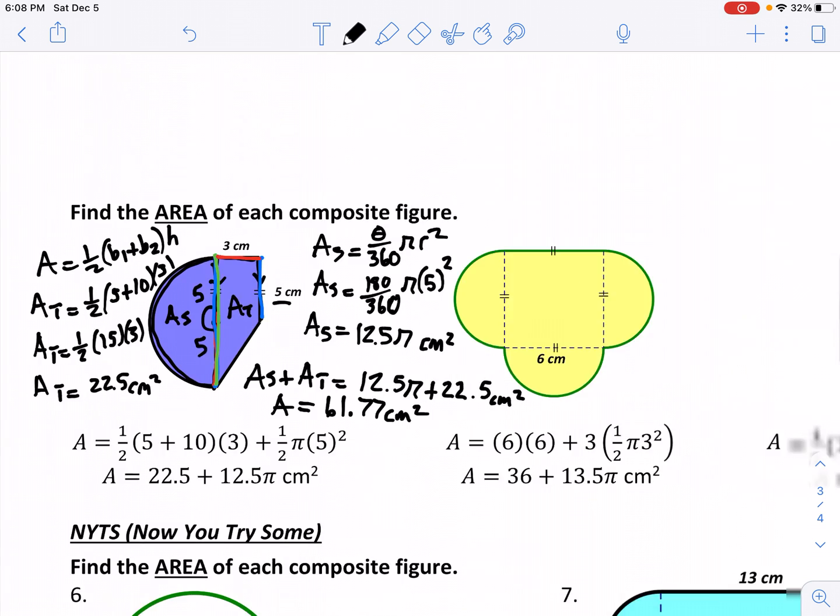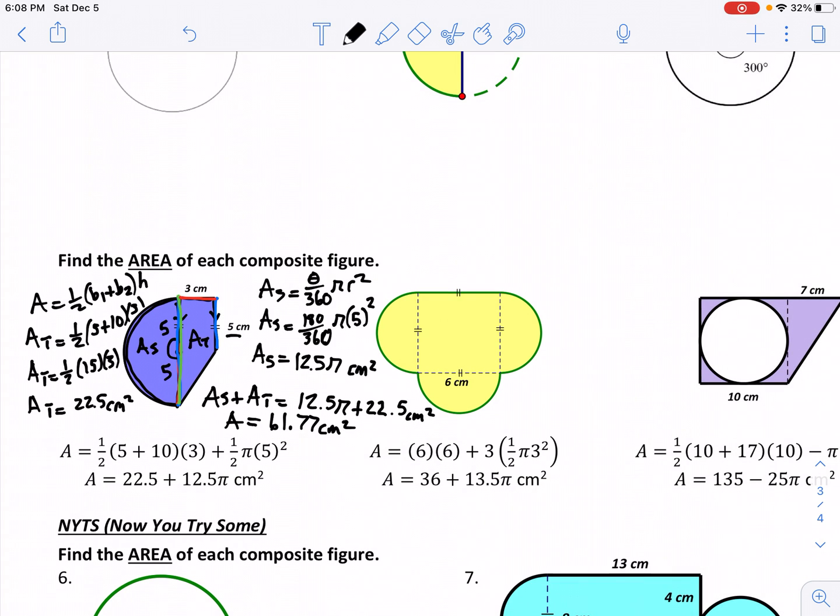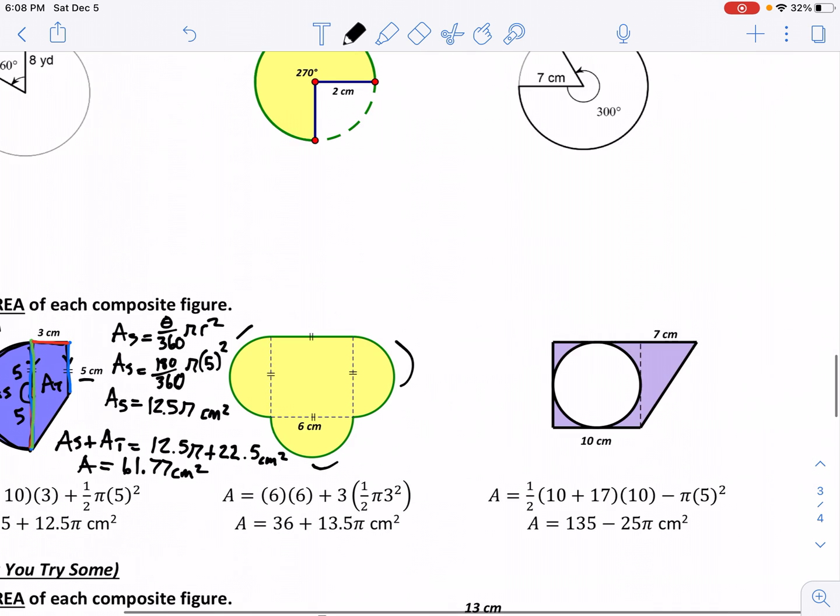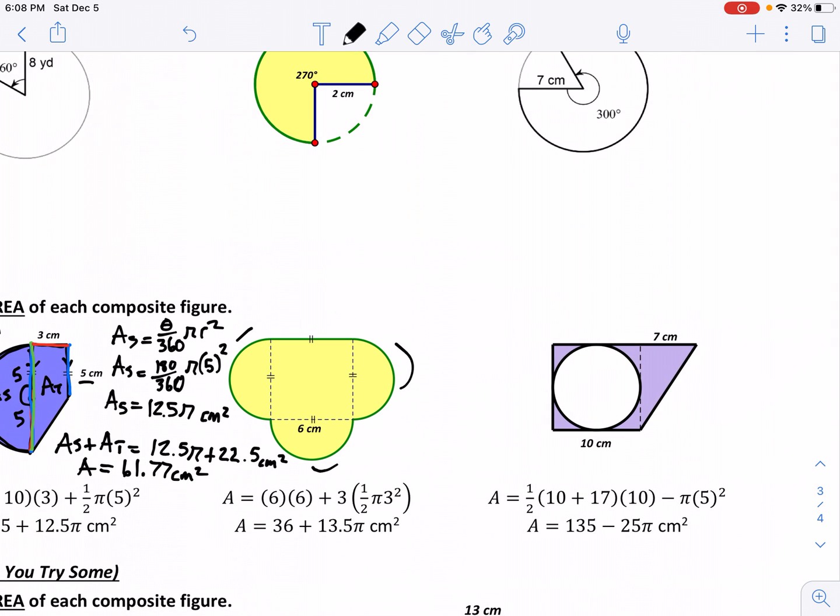Okay? And then we can go over these other examples in class. Of course, this again, we can find the area of the semicircle. Notice there's 3 of them, so we can add up 3 of the same measures. Then find the area of the square, add that together for the total area. And then in this example here, they're wanting to find the shaded region.